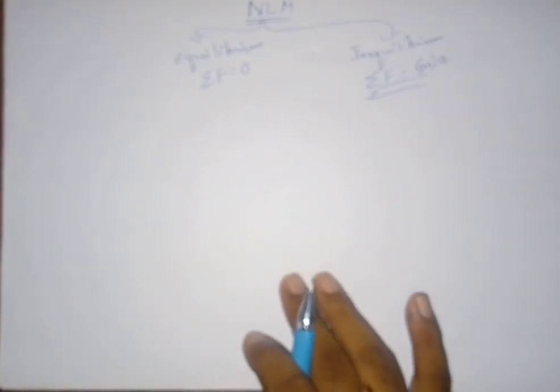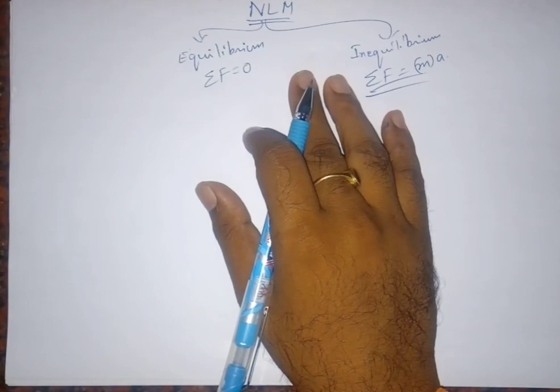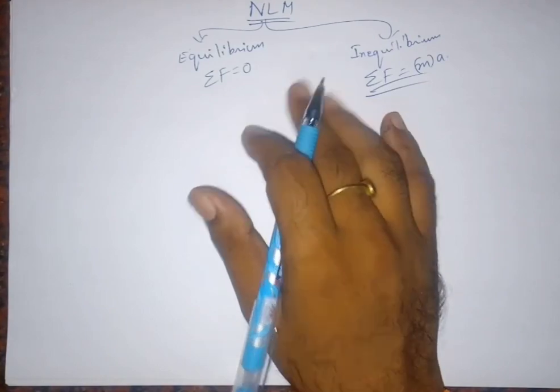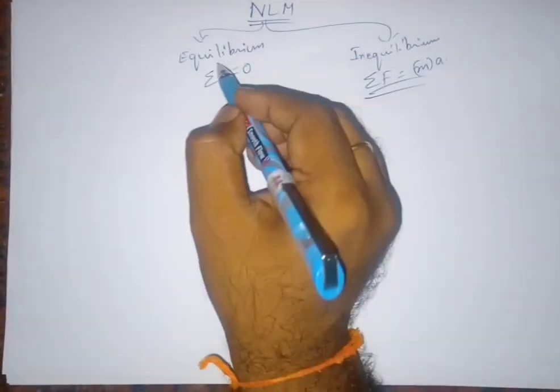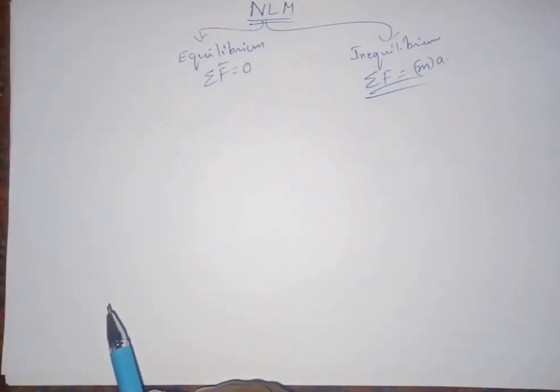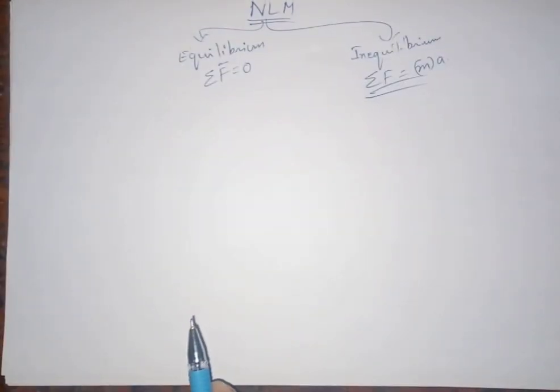So, if you have more than one force, I mean to say other than Coulomb's force, then we have to use Newton's laws of motion. Write all the forces and equate to 0 if it is in equilibrium. Write all the forces and equate to m into a if it is not in equilibrium. So let us take one example for it.